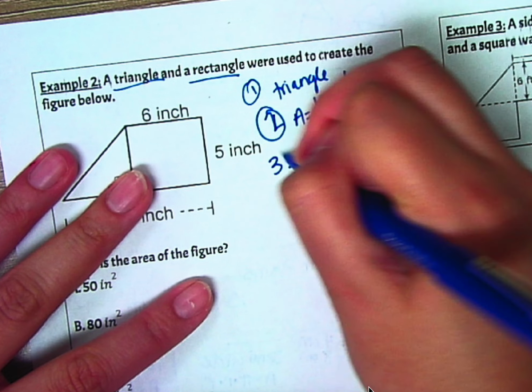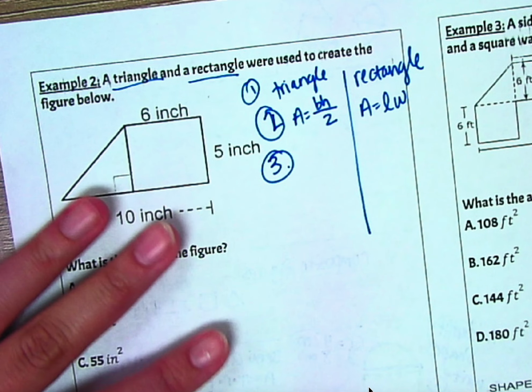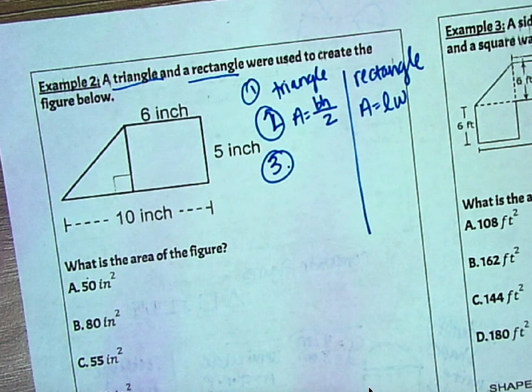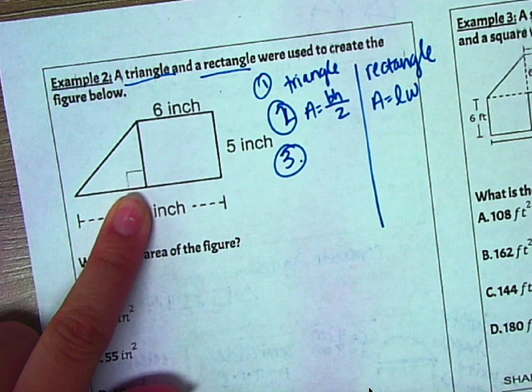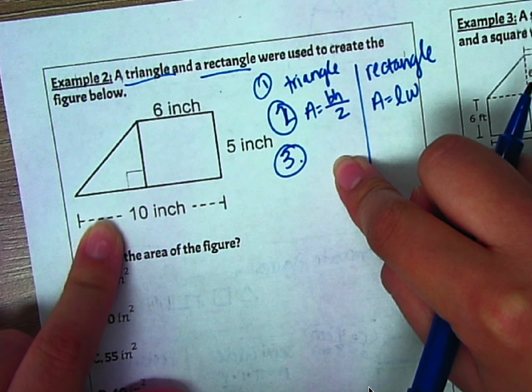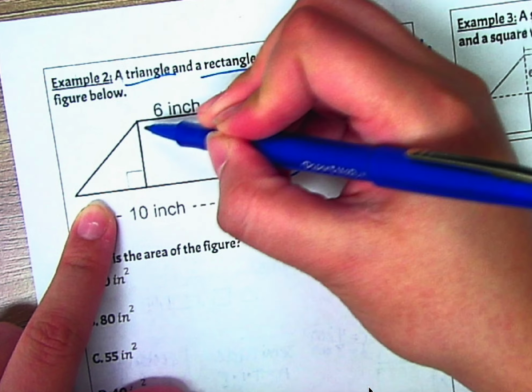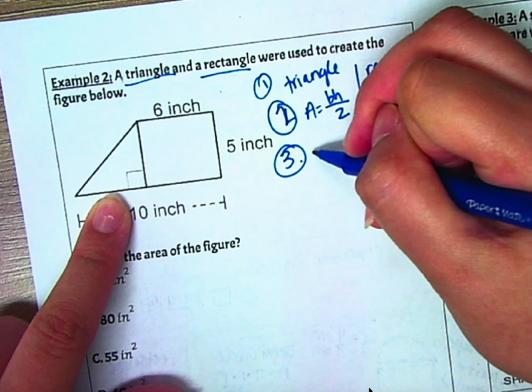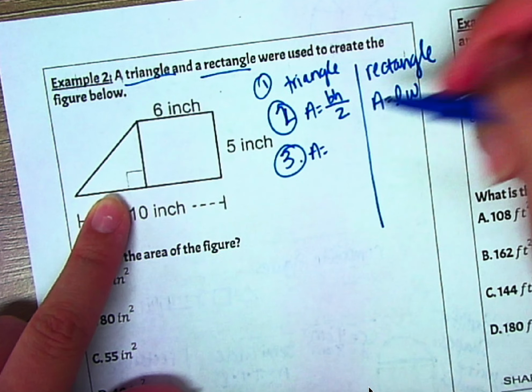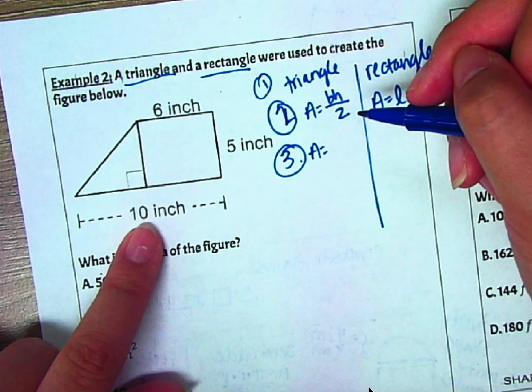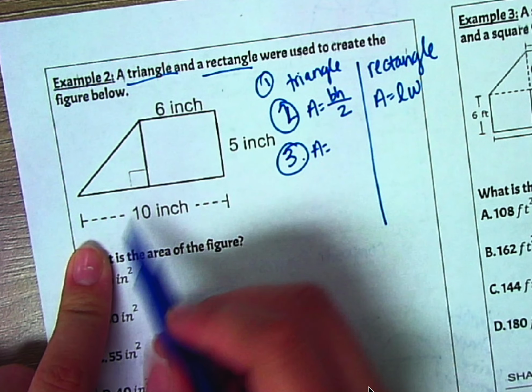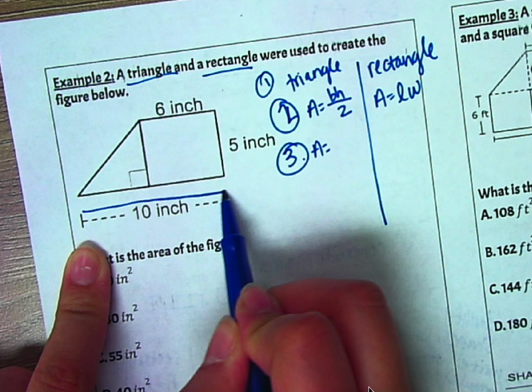Now I'm going to do step 3. I'm going to plug in my numbers. So let's go ahead and look over here. I'm going to start with the triangle. The triangle is right here. A equals my base. The base is on the bottom. But look, this 10 is talking about the whole bottom.